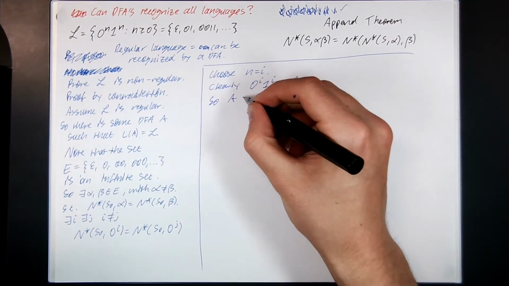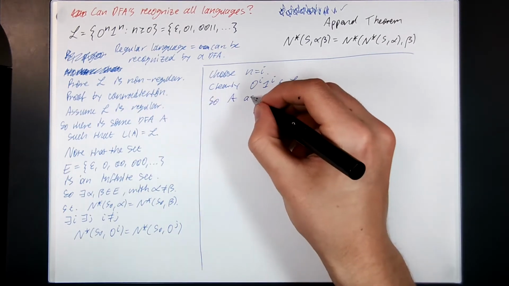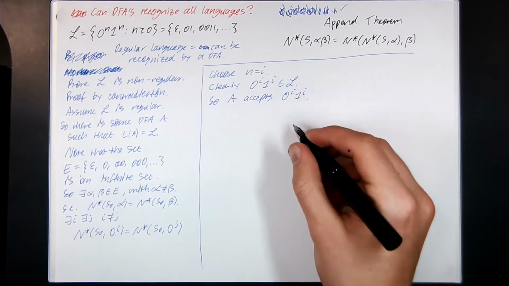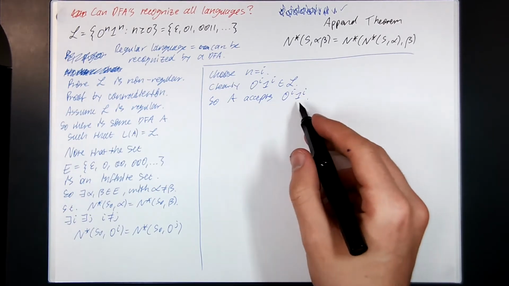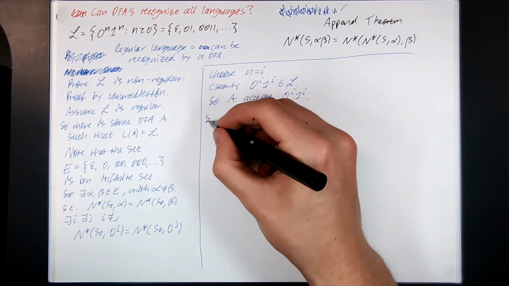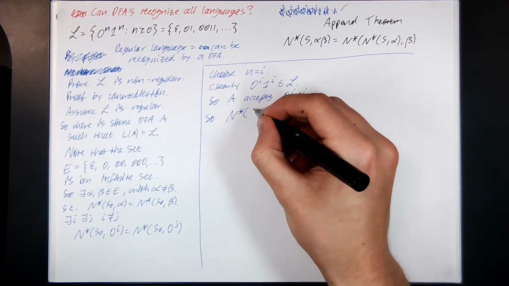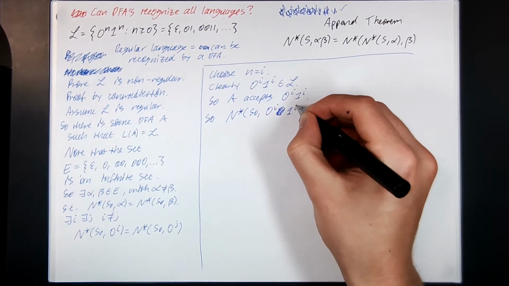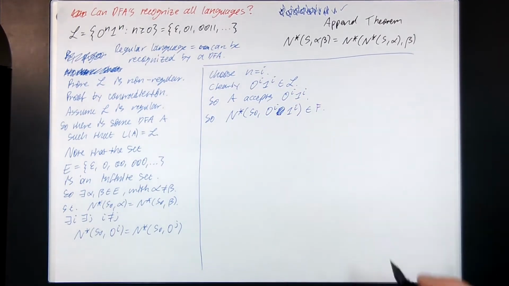So the DFA A accepts the string 0 to the i, 1 to the i. What does it mean to accept a string? It means that from the starting state, you get to a final state. So from the starting state S0, if I read 0 to the i, 1 to the i, I'm going to end up in some final state F.